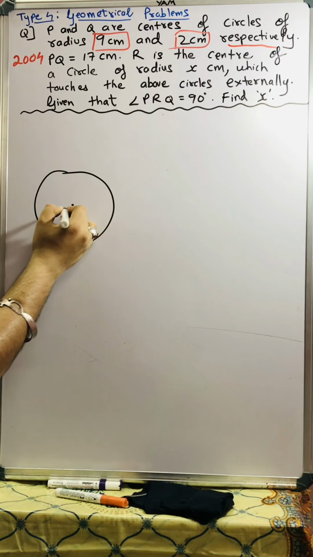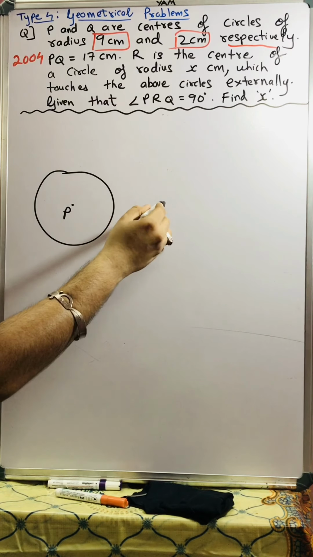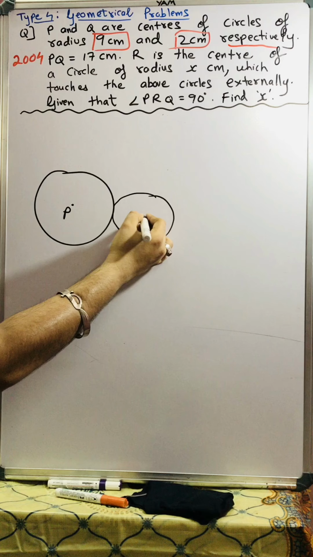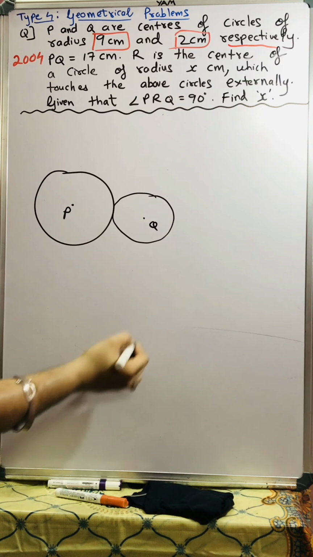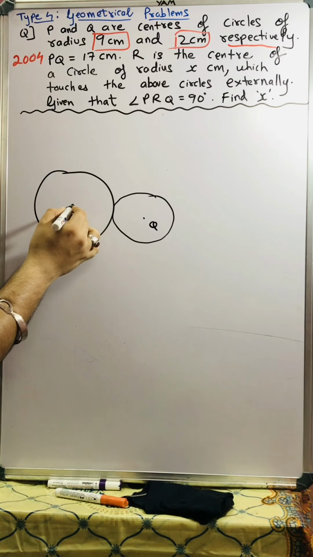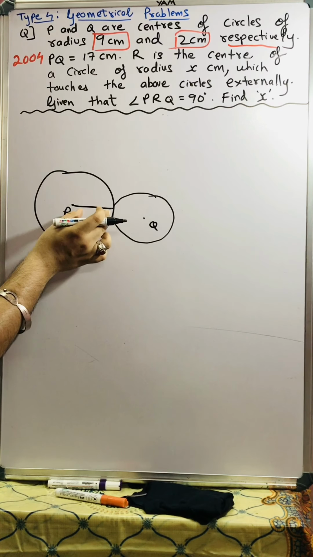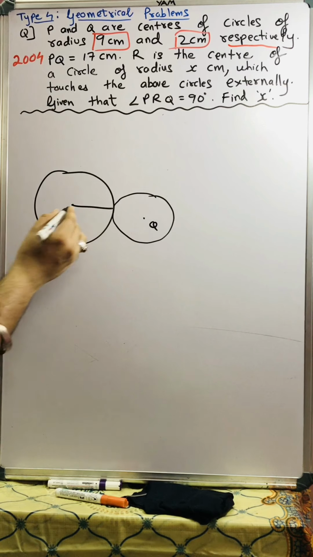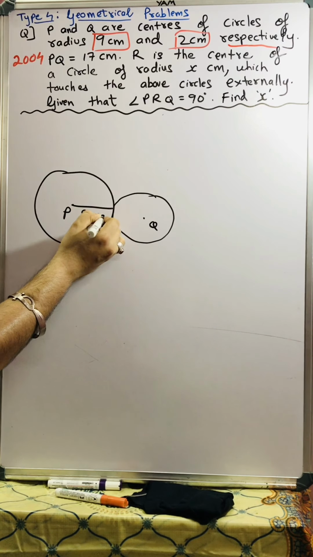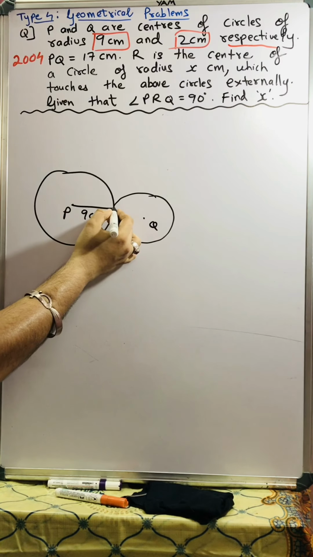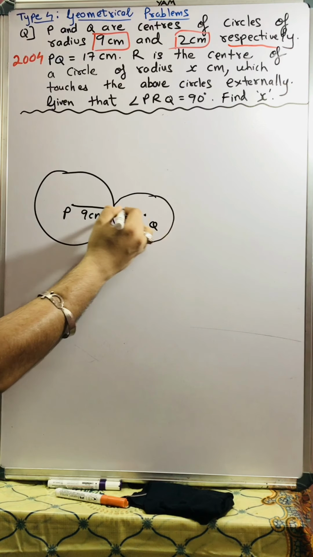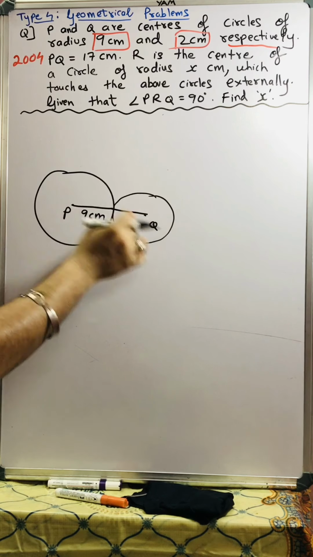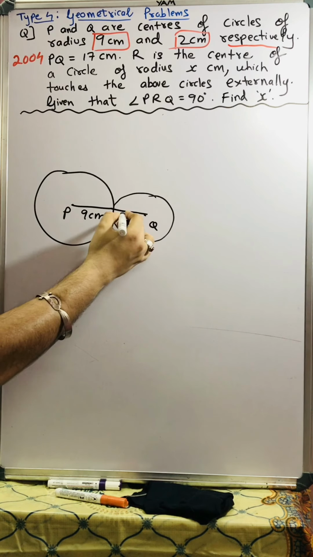Let us say this is a circle with center P, and this is a circle with center Q. This is the radius of the circle with center P, given as 9 cm, and this is the radius of the circle with center Q, given as 2 cm.